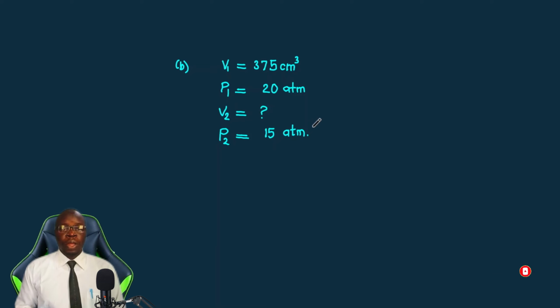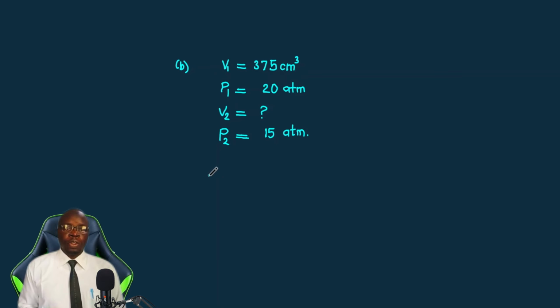Now we can calculate our volume in cubic meter. It doesn't matter, meaning we have to change our number here into meter cube. But if you wish to have them all in the same unit, we can go ahead and also work out this question in centimeter cube.